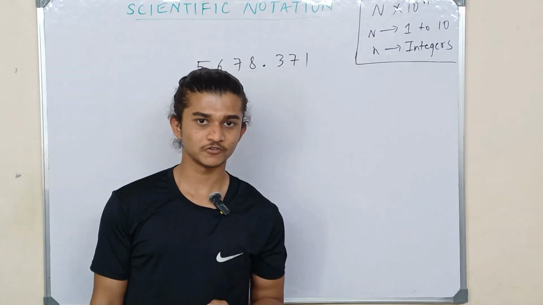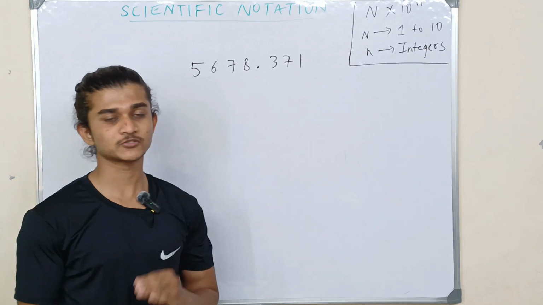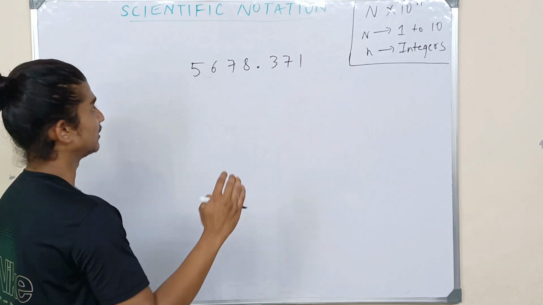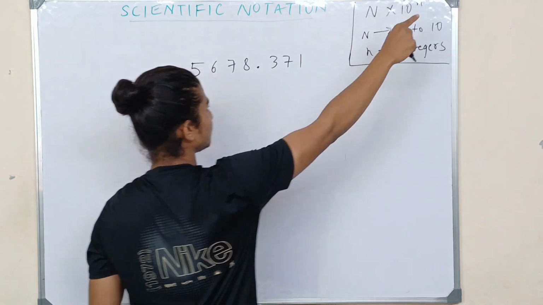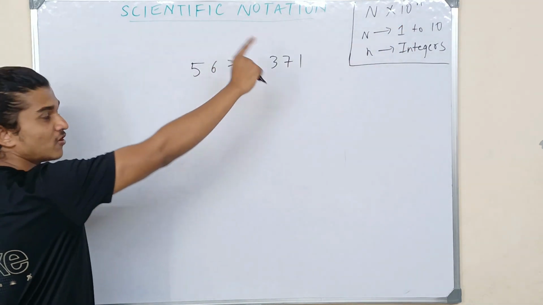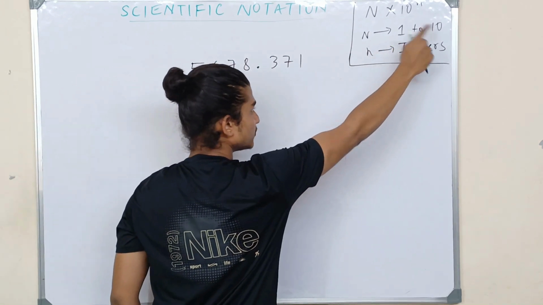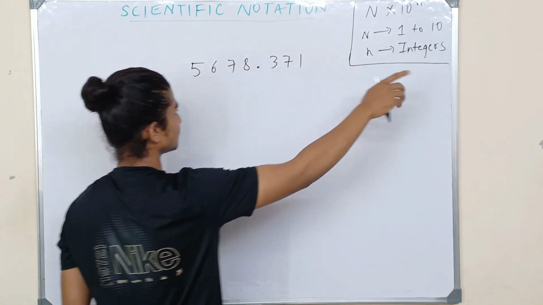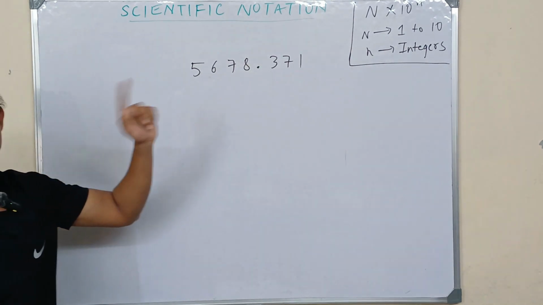Okay, now let's solve the first example. I have written the basic definition at the corner so that it is helpful for us to revise. So let us see how we could write this in the form of N into 10 to the power small n. Our main goal is to write this in the form of exponents, and this capital N should be a number between 1 and 10 and small n should be an integer. So in what way can I express this number so that it gets converted into exponential form?